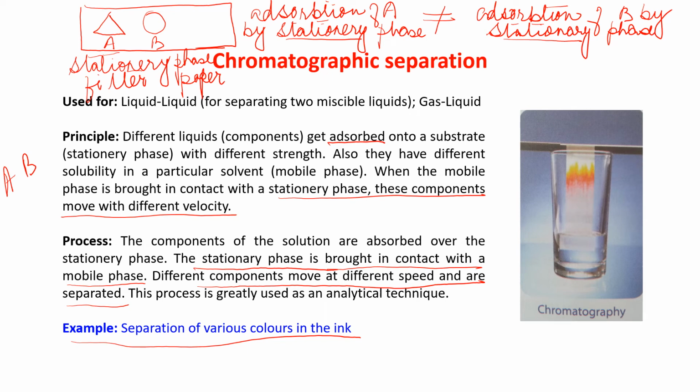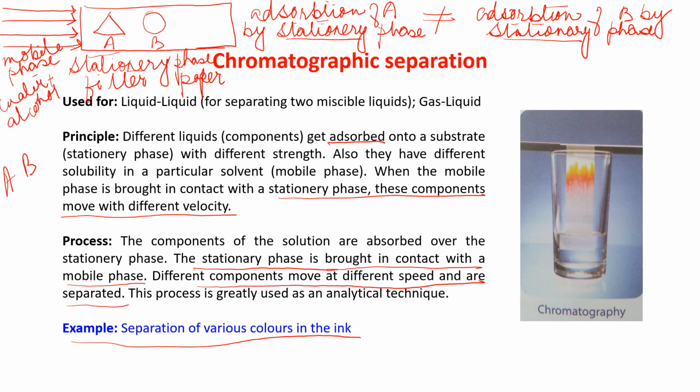Okay. Now I am passing a mobile phase. Now for this paper chromatography, for this separation of colors in the ink, the mobile phase that we are passing through this is a mixture of, this is your mobile phase. Mobile phase means which can move. This is a mixture of water and alcohol.